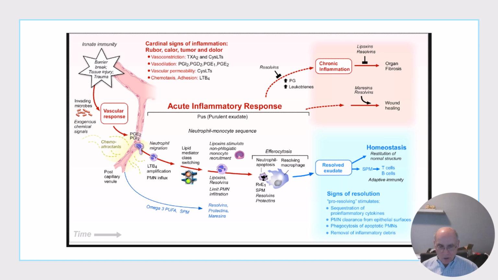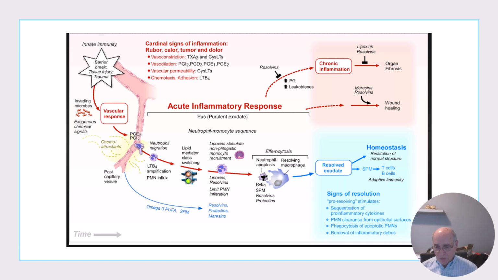Because inflammation is a good thing to have, but if it doesn't resolve, now you have long-standing, as I mentioned before, low-grade inflammation that can lead to long-term damage to tissue and ultimately organs. And these pro-resolving mediators protect, in particular, neurons and other parts of the central nervous system.